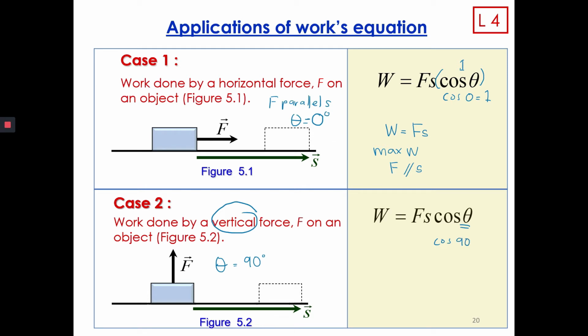Cos 90 degrees equals 0. So Fs times 0 gives you work done equals 0. This means there is no work done when your force is perpendicular to your displacement.